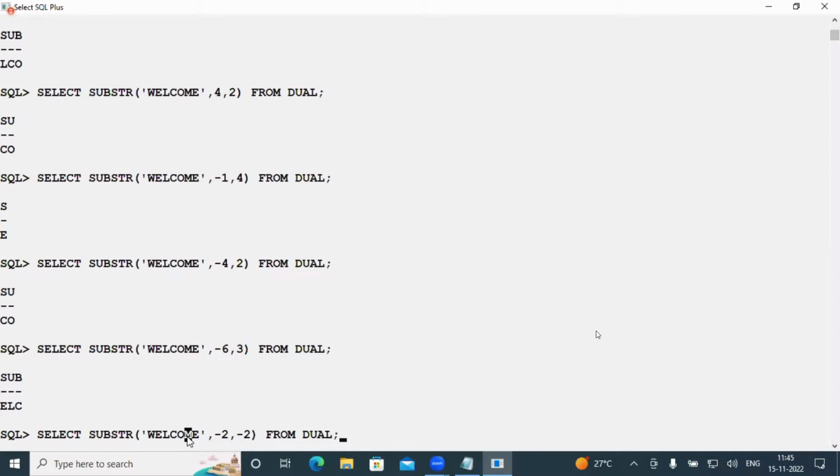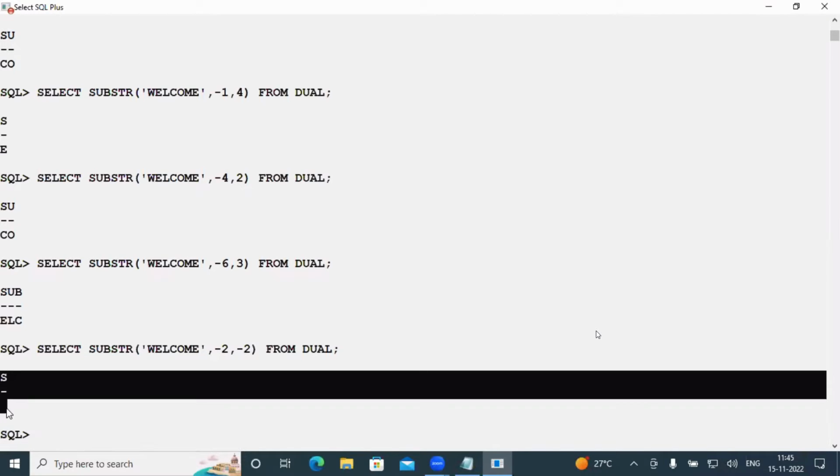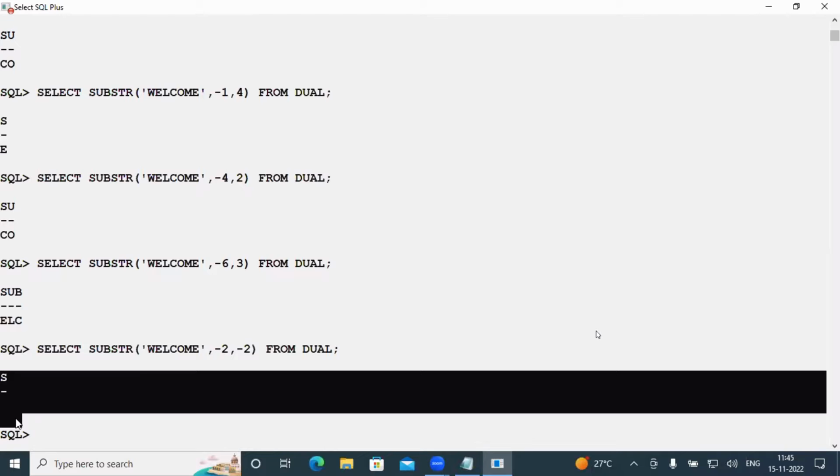The first thing is whether negative expressions are working or not, you can see. Not working. So negative lengths are not allowed. Length should be in a positive manner. Length should not be negative. If you pass a negative, it doesn't show any value.